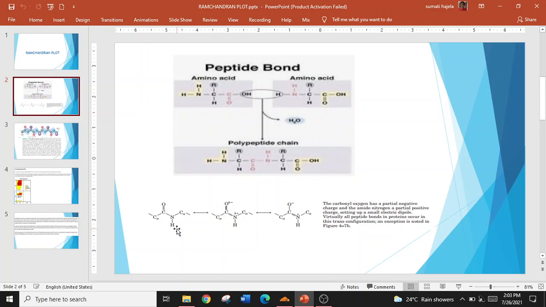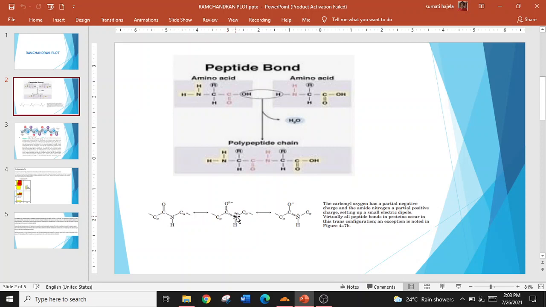From these studies, Pauling and Corey concluded that the amide C-N bonds are unable to rotate freely. This C-N is unable to rotate freely because of its partial double bond character. You can see that here also partial double bond character is shown.